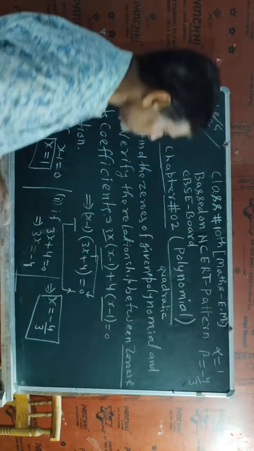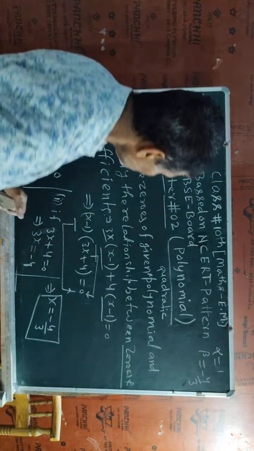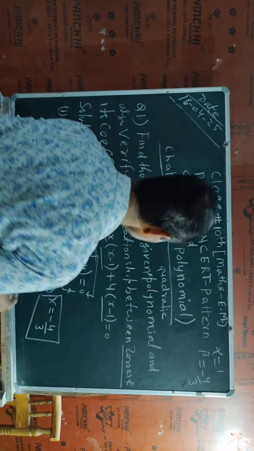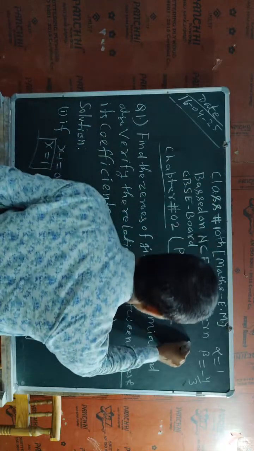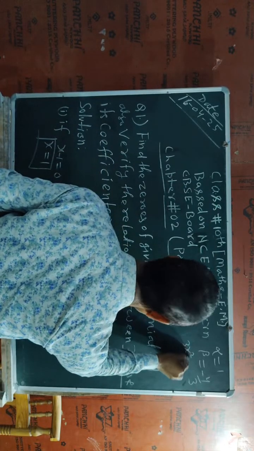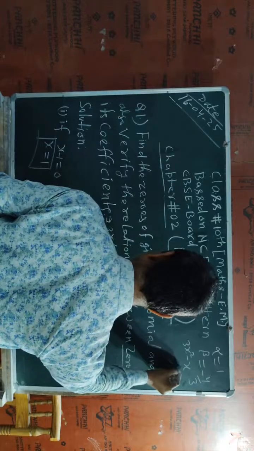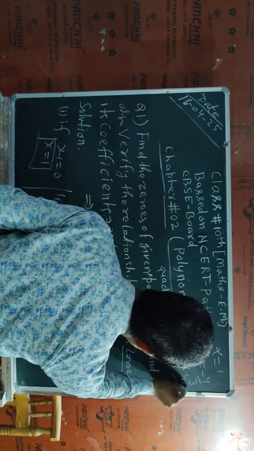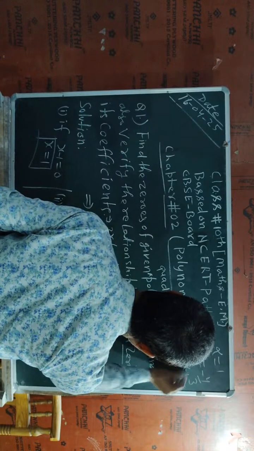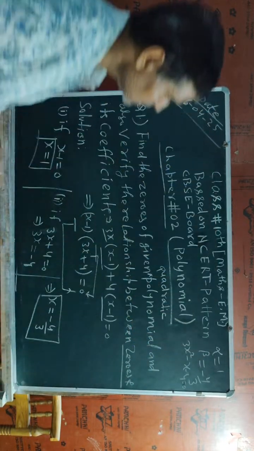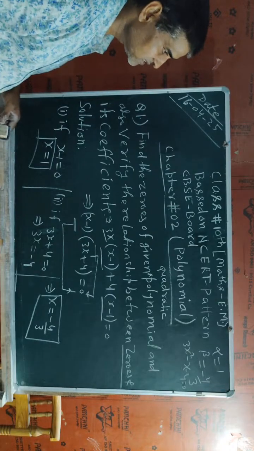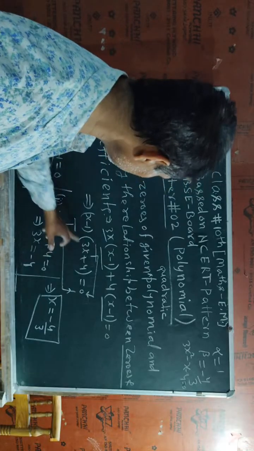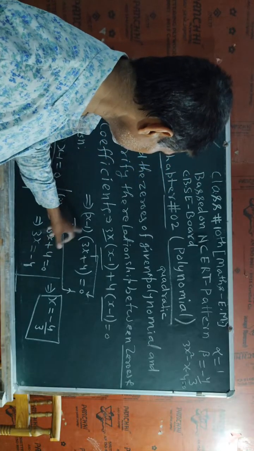Because this is important, we have to write it, and also we have to write the polynomial. The polynomial was 3x square minus x minus 4 is equal to 0. That was in equation form. If I multiply, it will become 3x square plus 4x minus 3x minus 4, that is 3x square minus x minus 4.